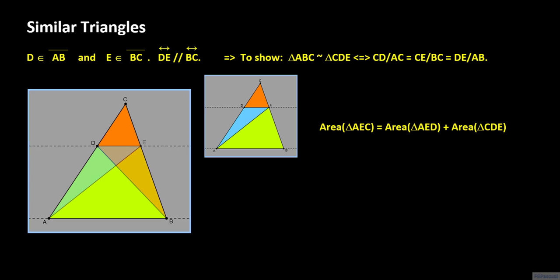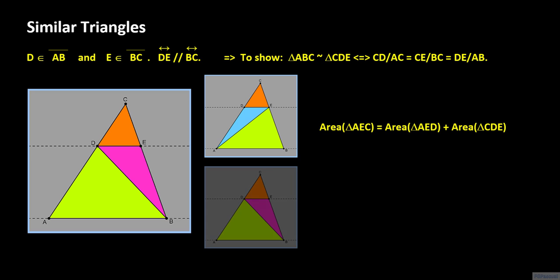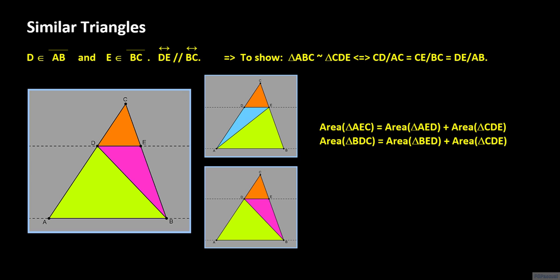On the other hand, triangle BCD is made up of triangle BED and triangle CDE. Hence, triangle AEC and triangle BDC share triangle CDE. We already have formulations for the area of triangle CDE.